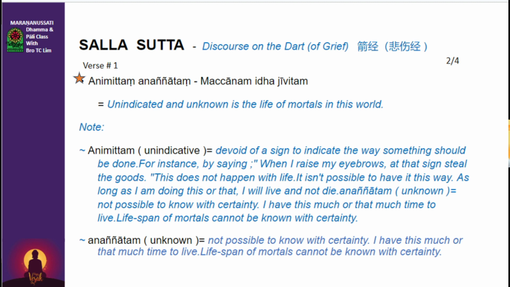The Buddha taught this to the householder so that the householder can overcome the grief, understand that death is inevitable. Don't grieve, because that is the fact of life. Whatever is born must die. We have to understand that.